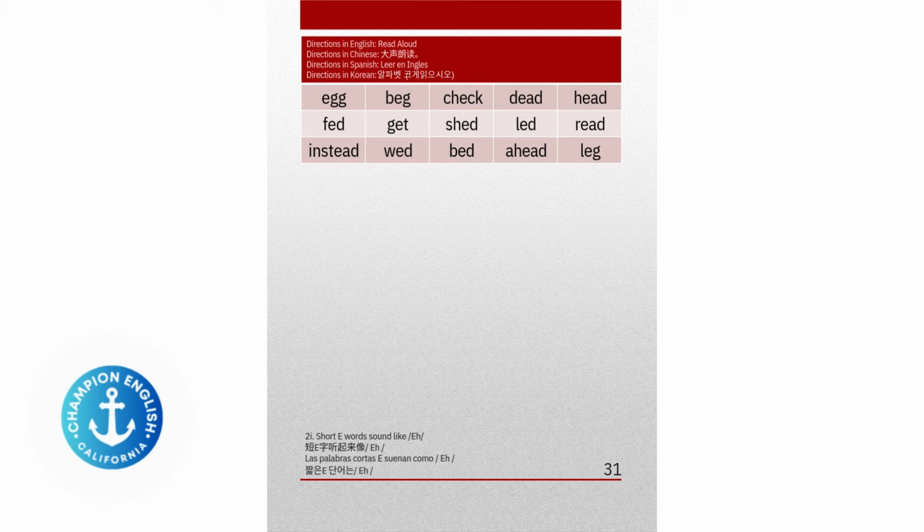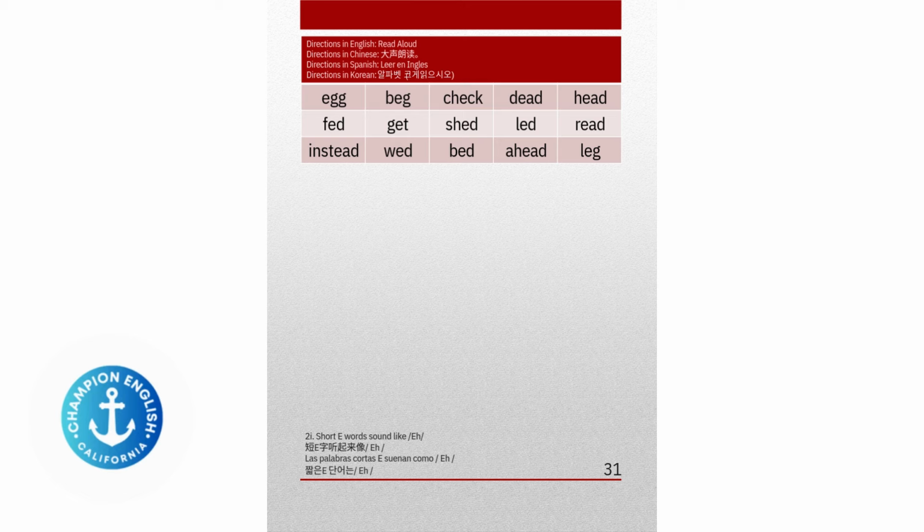Red, red. Instead, instead. Wed, wed. Bed, bed. Ahead, ahead. And leg, leg. All right, good job, students.